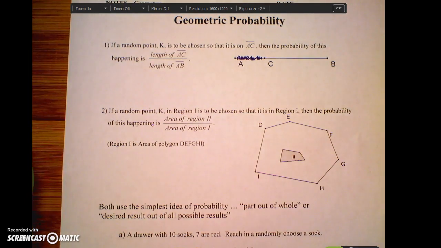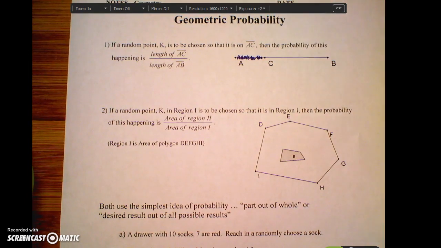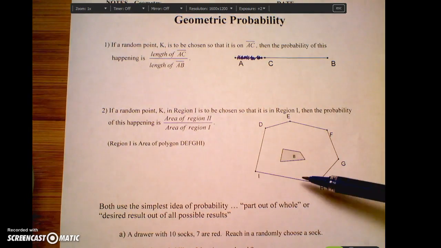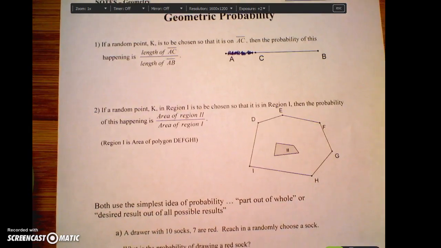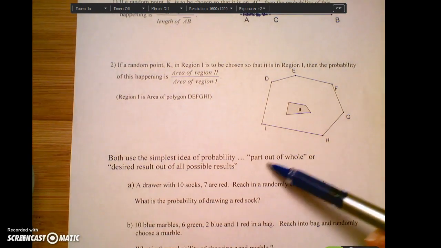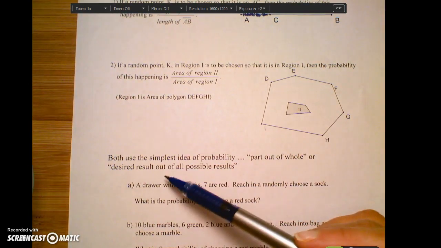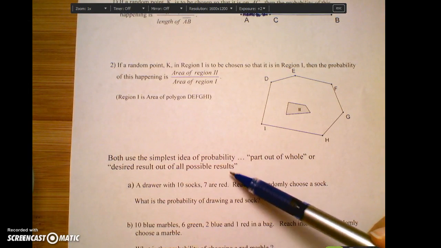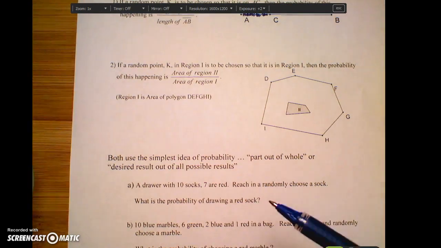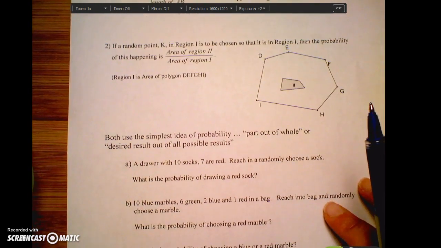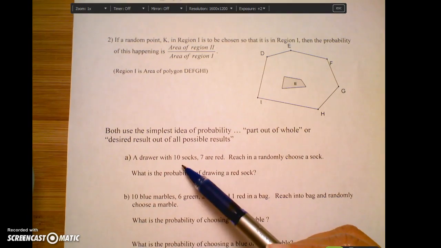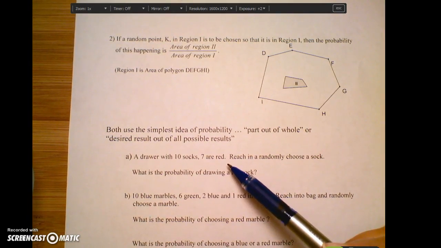Okay, both of those concepts, whether it's the line segment length or the area, are using the concept of part out of the whole, or, as I've been saying, desired result out of all possible results. Basic probability, for example: a drawer has 10 socks, 7 are red.